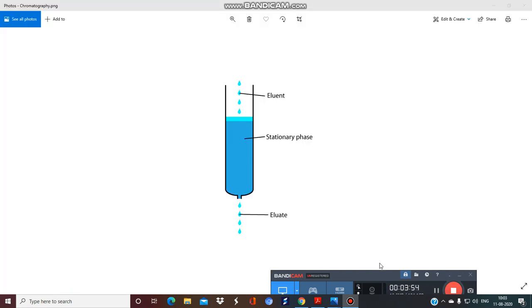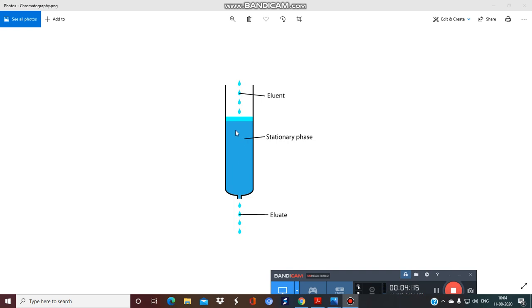Suppose I say this is a chromatography. We need a stationary phase and a mobile phase. Suppose this is the stationary phase and this is the mobile phase. This is the eluent, the mobile phase entering towards the stationary phase.